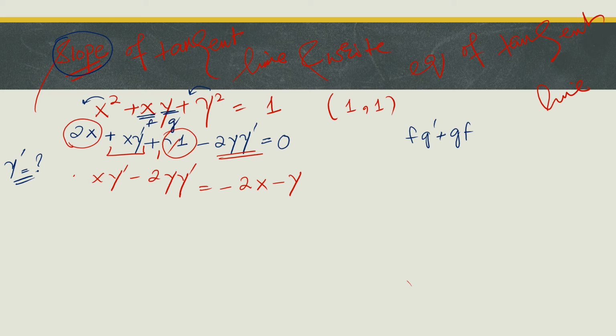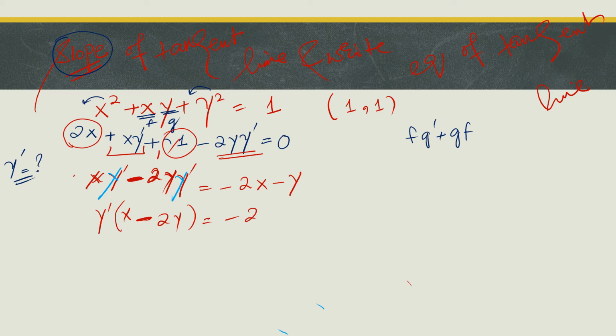Once it is done, take the y prime common, which means factor them. Open the bracket. What is left? From the first term, x is left. Then the minus sign, and from the second term, 2y is left. Close the bracket.